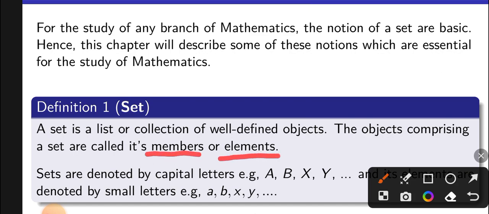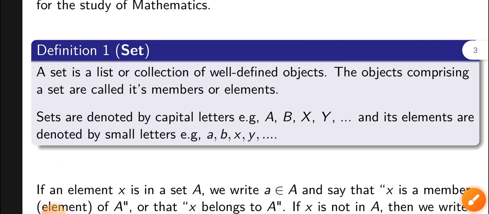So sets are denoted by capital letters A, B, X, Y, and its elements are denoted by small letters. This is how we represent sets, and you are familiar with this representation even from secondary school.